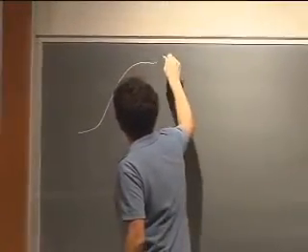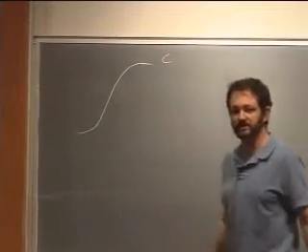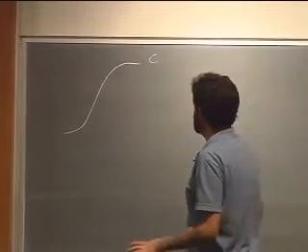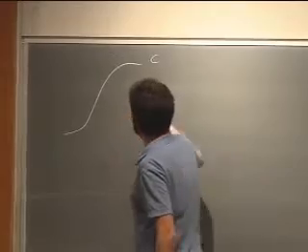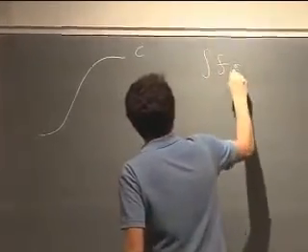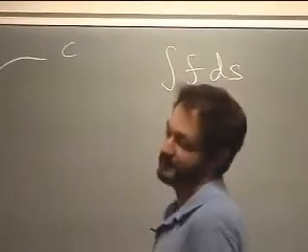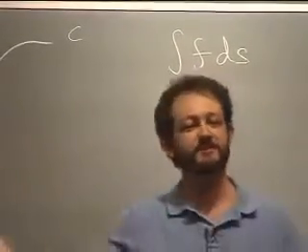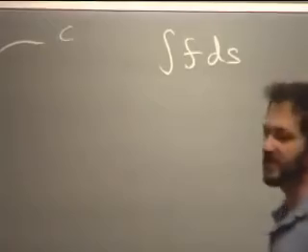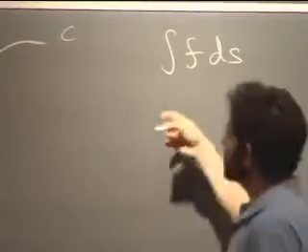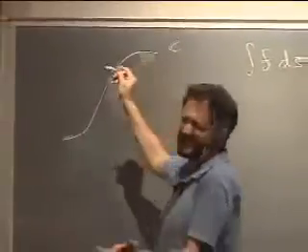Here's a curve C, not necessarily closed. Now, the deal is this. The first integral, f ds, says we have a scalar function, meaning at every point in the plane, say, there's a value. Actually, you don't care what the values are. Think of it as a temperature.